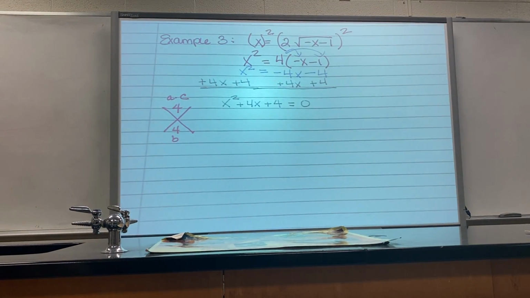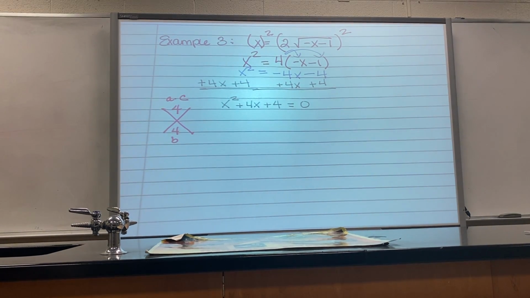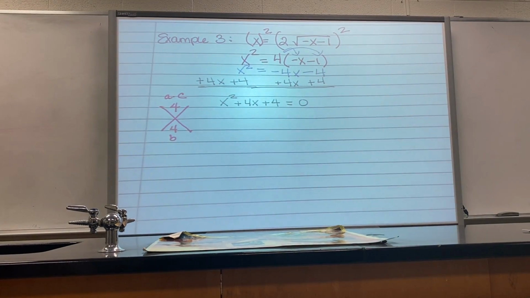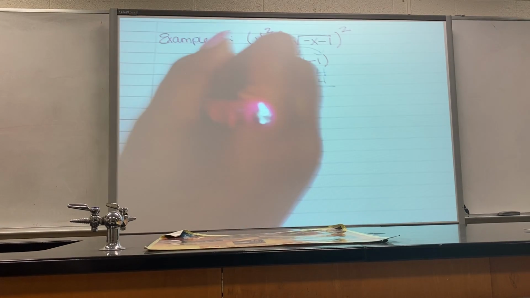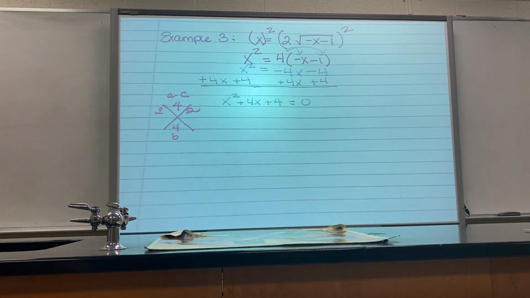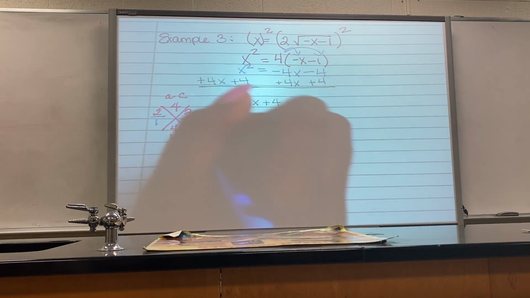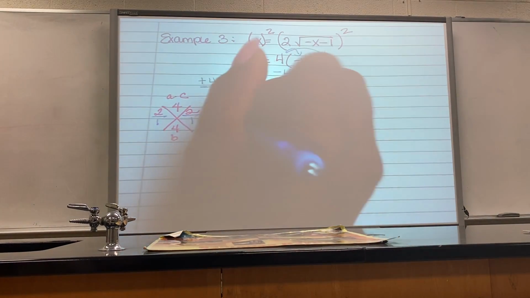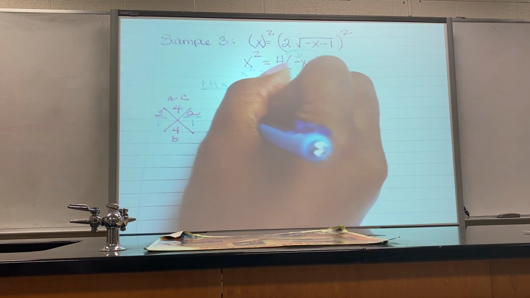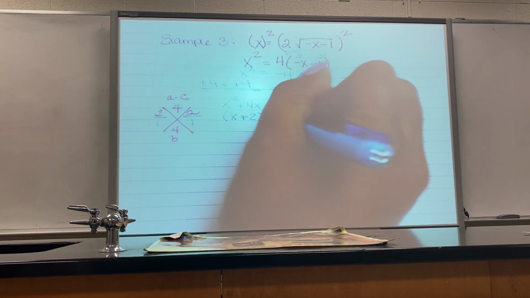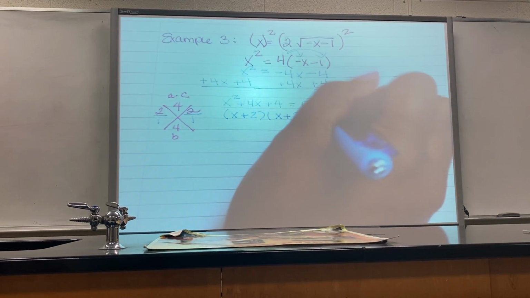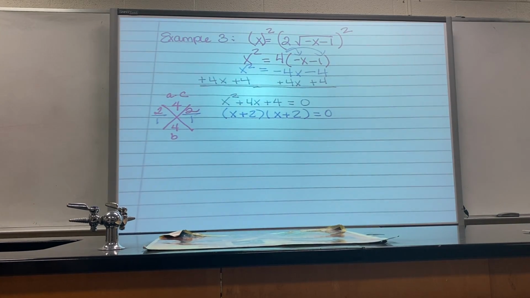So two numbers that multiply to give me 4 and add to give me 4: 2 and 2. Divided by my A term, which is 1. I can't simplify those, so I get x plus 2 and x plus 2, still equal to 0.